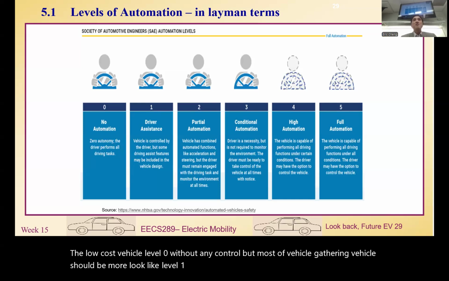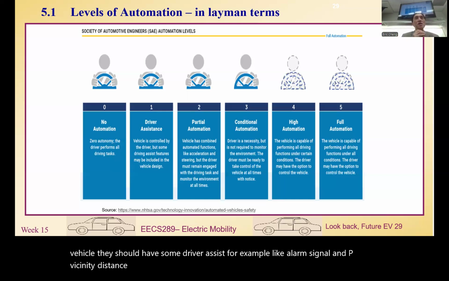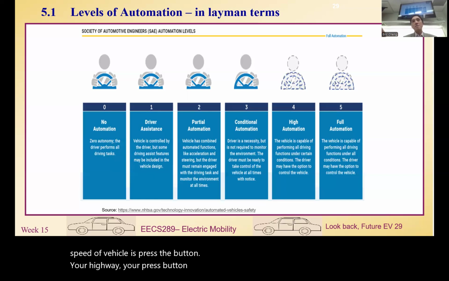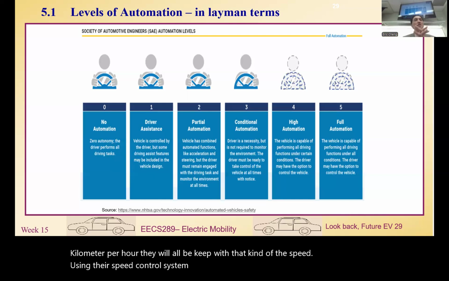Because if you drive your own vehicle, it should have some driver assist, for example alarm signals, distance signals, and also lane checking. They can also control your speed. You press a button on the highway, you press the button for 70 km/h, and they will always keep that speed using their speed control system. So that is called driver assistance, but they're not driving your vehicle.